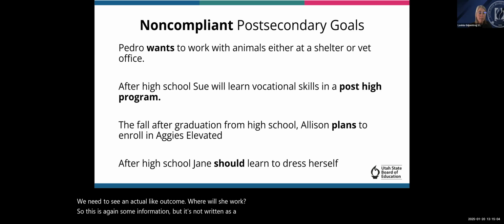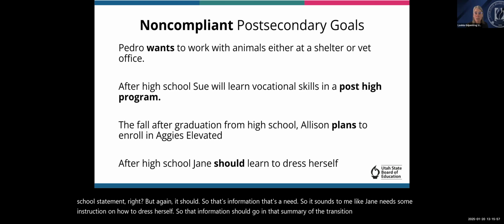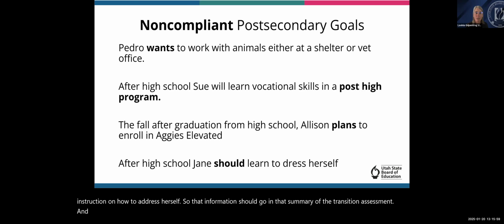After high school, Jane should learn to dress herself. It's got the after high school statement, right? But again, it's should. So that's information, that's a need. It sounds to me like Jane needs some instruction on how to dress herself. So that information should go in the summary of the transition assessment. And the goal should sound something more like, after high school, Jane will dress herself every morning before going to work, something like that.